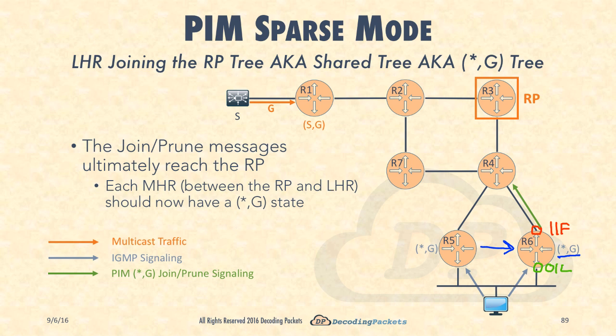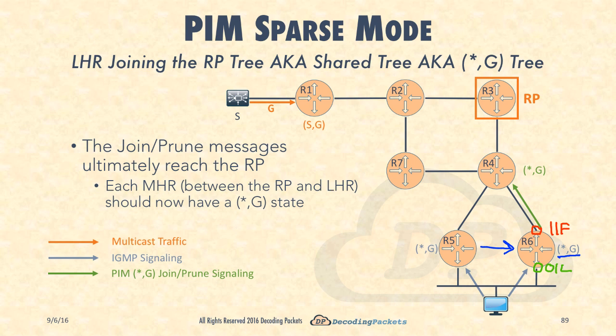Well, let's move to the middle hop router, which is R4. R4 is going to receive this join. It's going to process that join. And one of the very first things that it does is it creates that star comma G state.